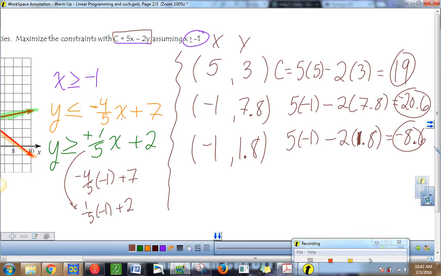Alright, so is it asking us to maximize or minimize? Maximize. So which one of these will give the maximum output? This guy, right? Why is it this guy, not this guy? Oh, negative. Whatever x and y stand for in this situation, like if you're selling popsicles and bananas, you want to sell 5 of these and 3 of these.